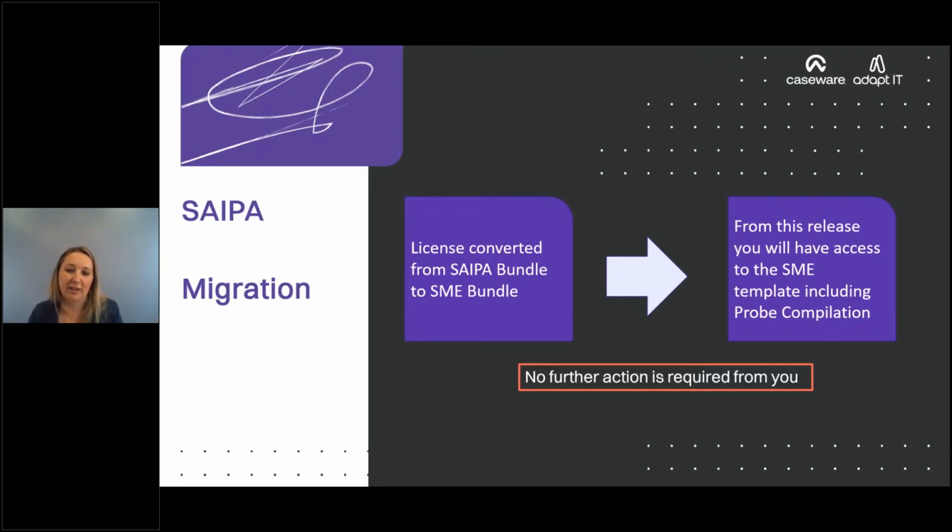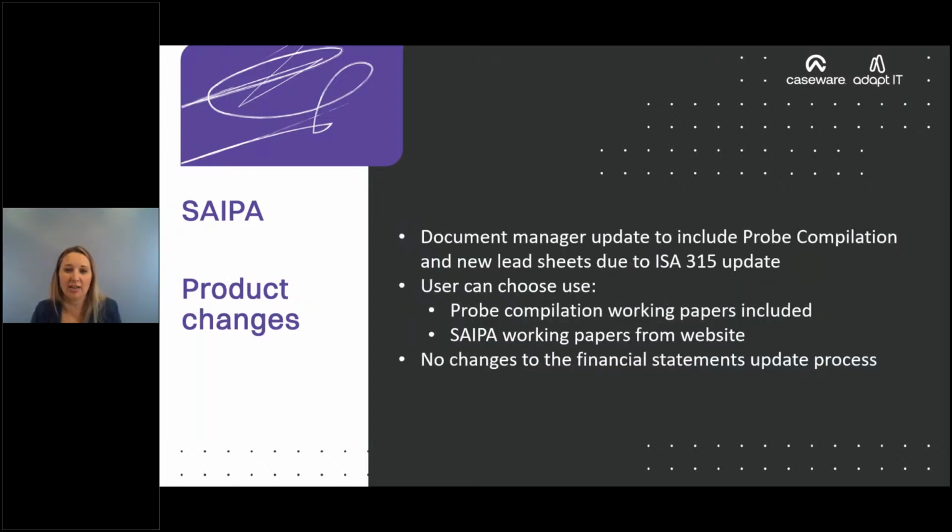You do not have to do anything more from your side. So your license was automatically updated. When you receive the email with this release, you will be taken to the download page where you download SME financials. So that is the process on how it works, or how it's changing.